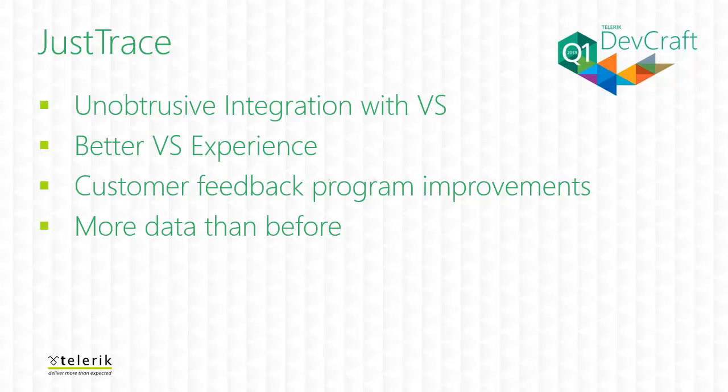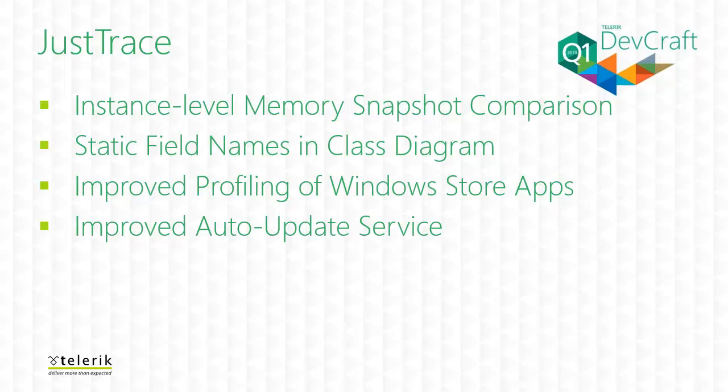We've also improved the customer feedback program, and if you wish to participate, you can enable anonymous feedback in the standalone JustTrace under Options. We provide more data than before as well. The improved data collection enables us to show you an instance level comparison of your memory snapshots. So if you're looking at some objects and there are more instances available and you want to see the difference between these, you can get that information.